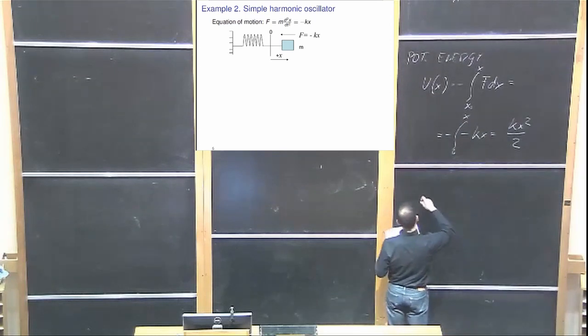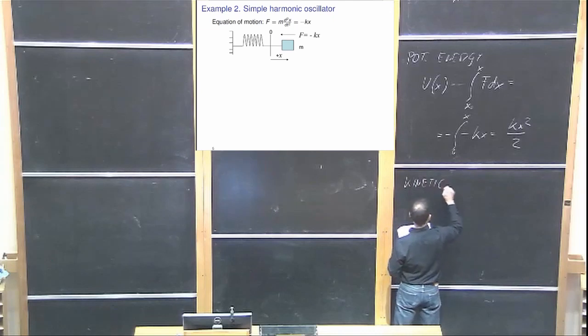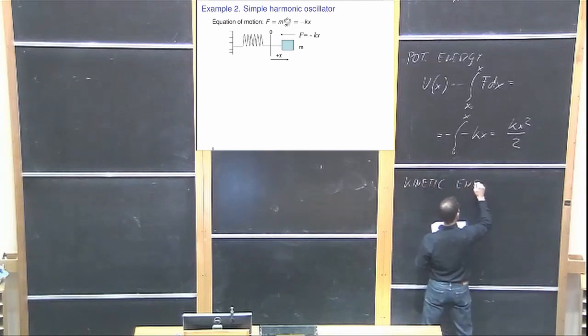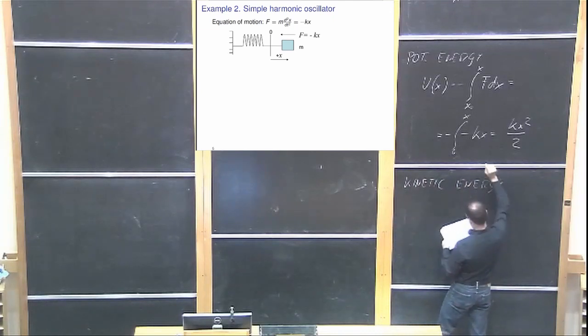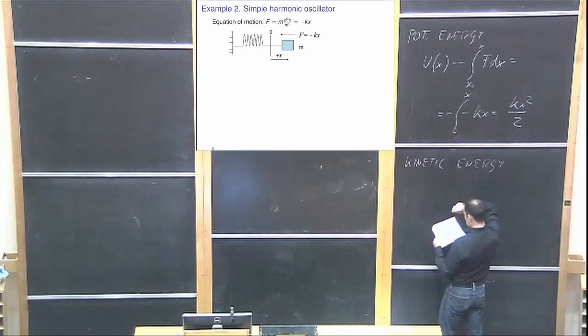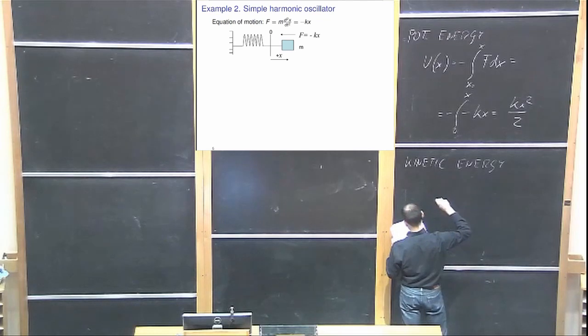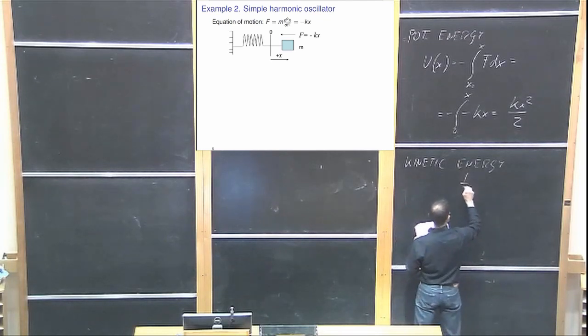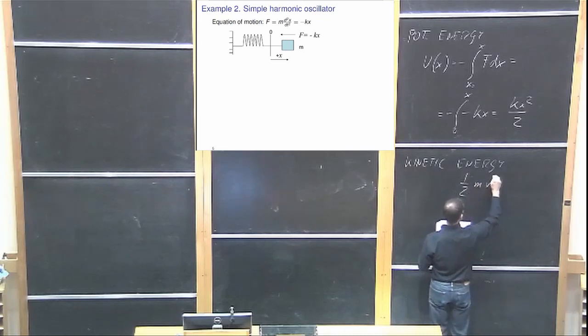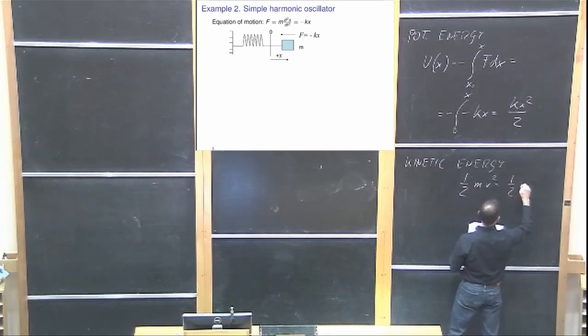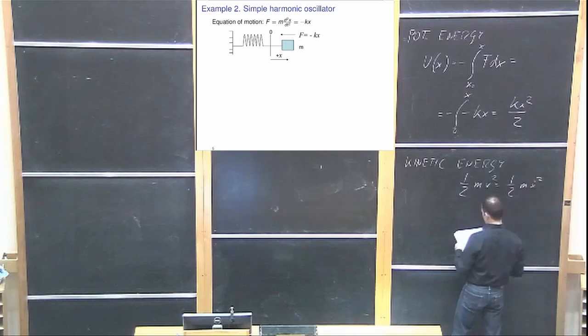The next one is the total kinetic energy, which is of course 1/2 mv squared, equals 1/2 m x dot squared.